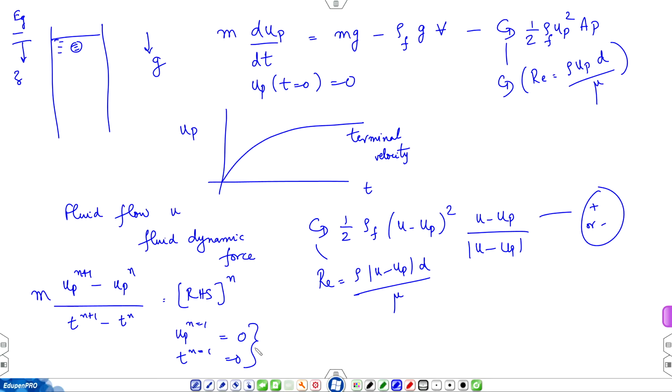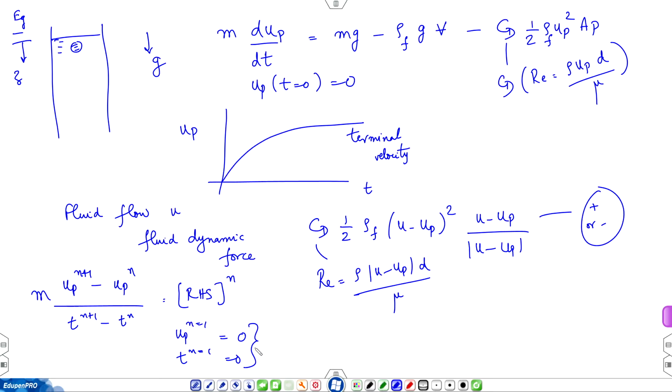Okay. So, n equal to 1, now you have created an index n. N equal to 1 is the initial time instant when the velocity is 0. Then replace the derivative by u p, and the change in velocity divided by change in the time instant.